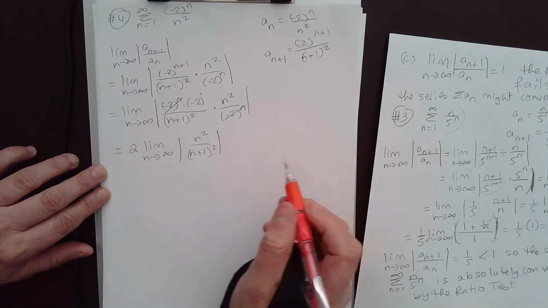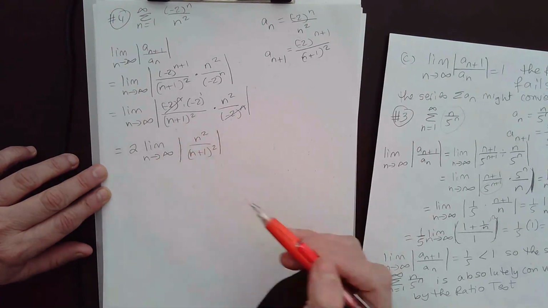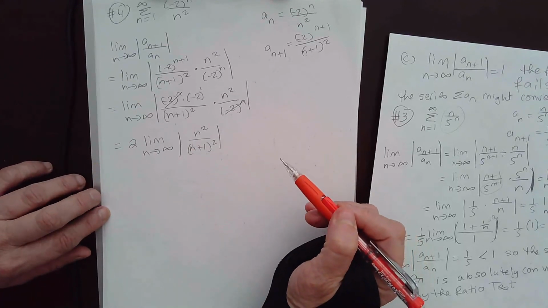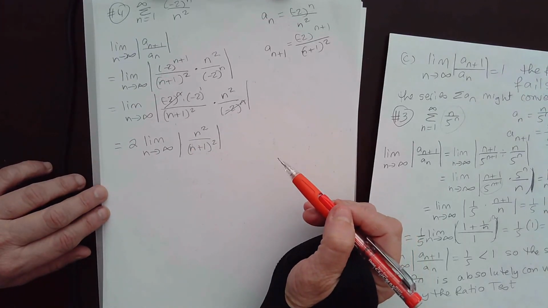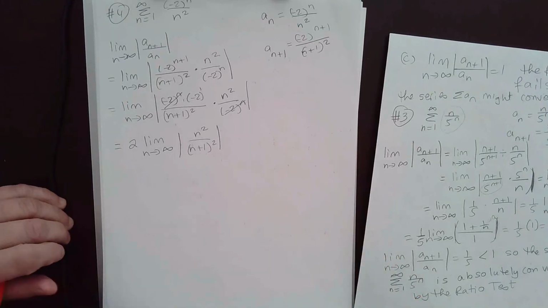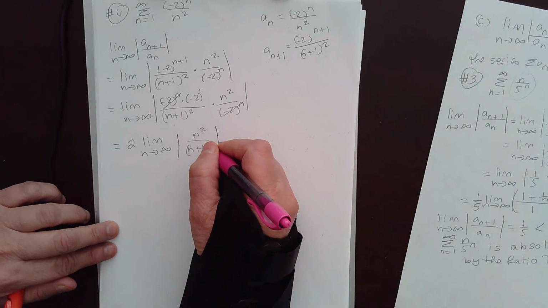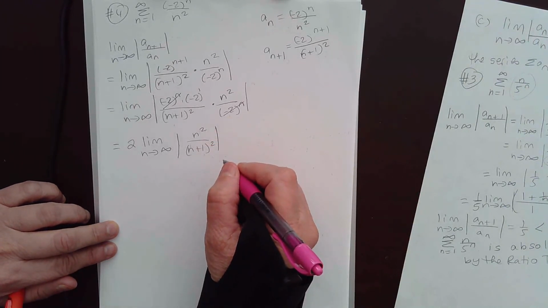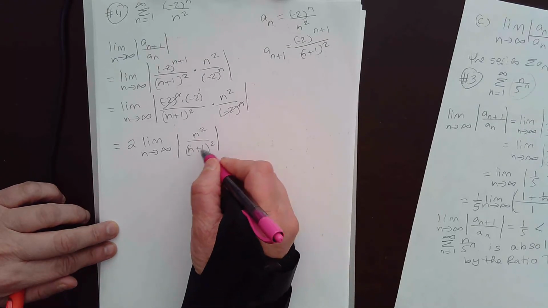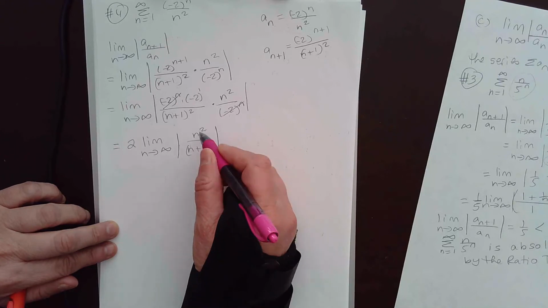I hope everybody's okay. The absolute value of negative 2 is 2, and this came out as 2. The highest power here is n squared. If you want to expand it, you can, but you can see it.